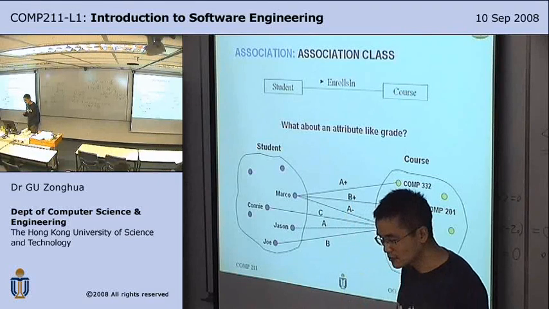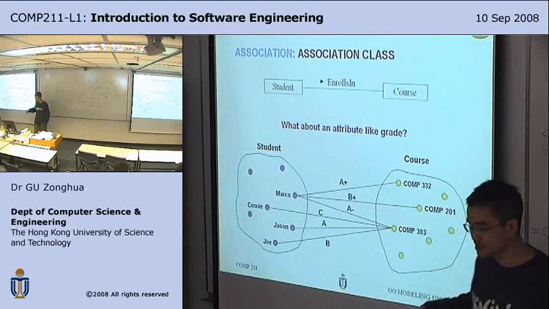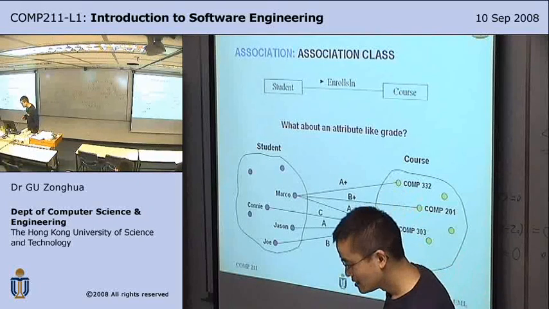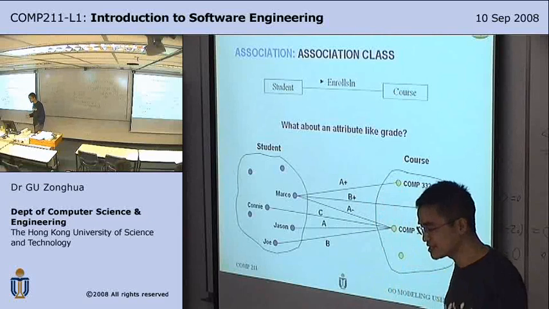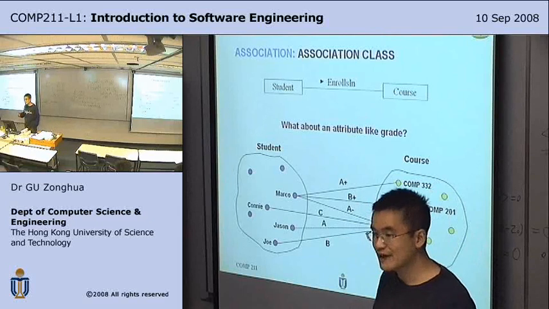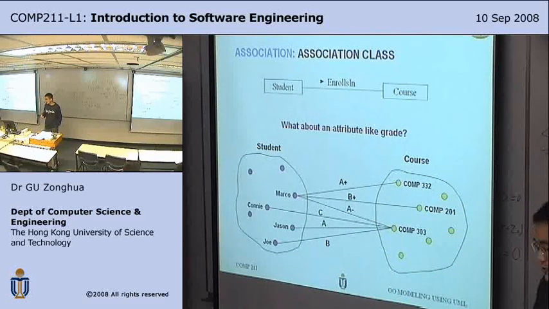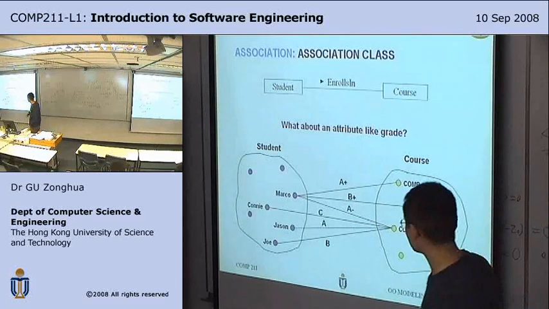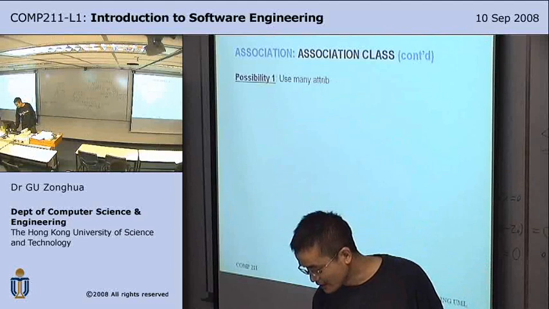Then the question is, where do you put the grade of the student course pair? So in the previous examples where you have managers association, these associations don't have attributes, right? A person is another person's boss, and that's the end of it. You don't have any additional attributes. But here you do have this grade attribute.